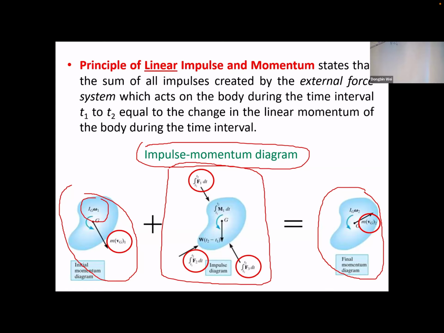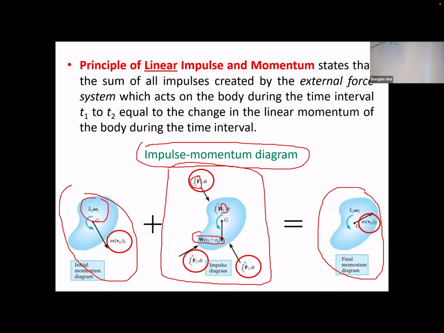The difference here is that not just the action forces on this rigid body, you also need to express the impulse. For example, the impulse of F1, impulse of F2, impulse of F3, the angular impulse generated by the couple moment M, and also the linear impulse generated by the gravitational force.